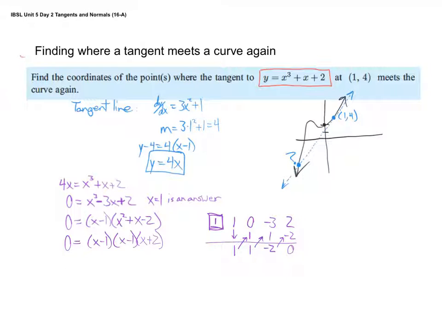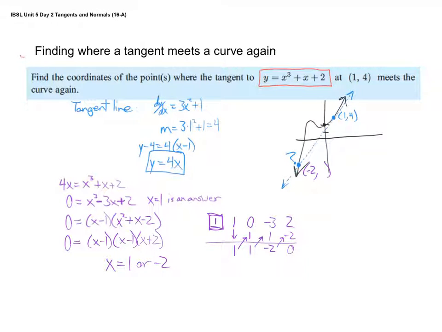Alright? So 1's a double root. That's nice. That's not really going to give us our result, though, that we're looking for. What we're looking for is that last answer there. Because x equals 1 or negative 2. So this point up there must be the point negative 2 something.